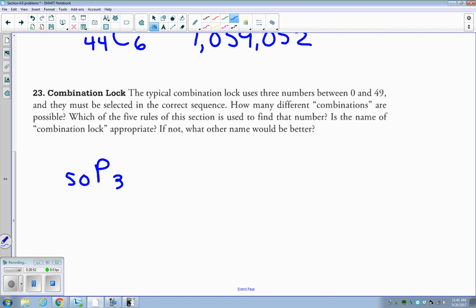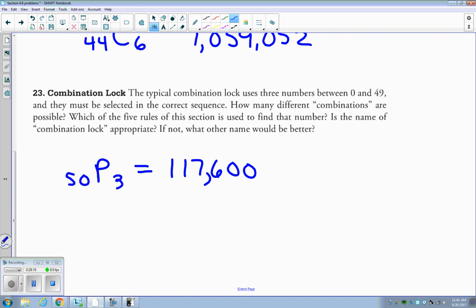Can you tell me what that is? 600. 117,600 different combinations for that lock.